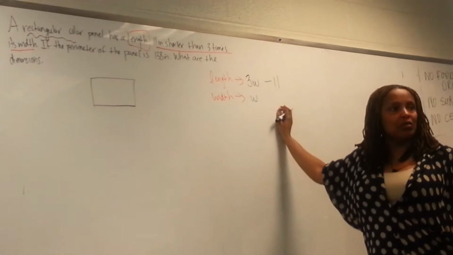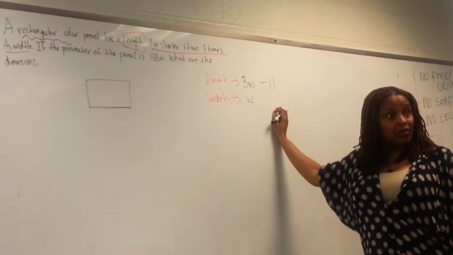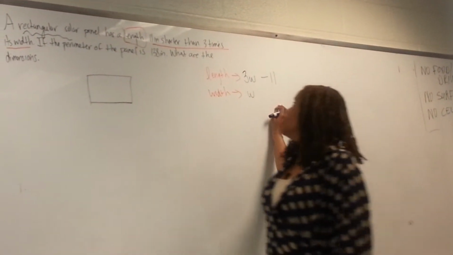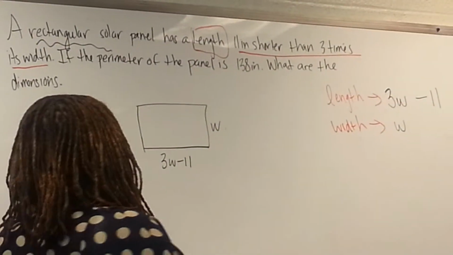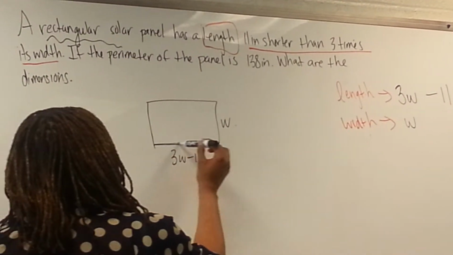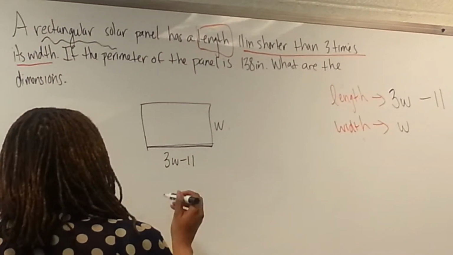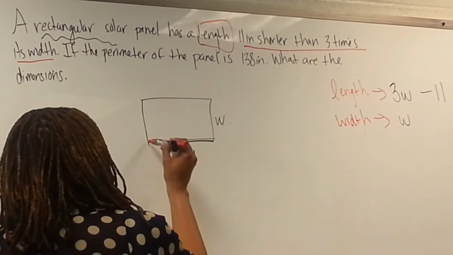That's the hardest part of the problem. We just said our length is 3W minus 11. Our width is W. We're talking about perimeter. What does perimeter mean? All the way around. So from here to here is how long? Let me color it.